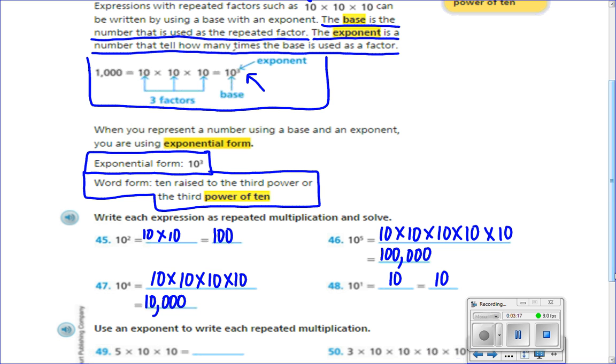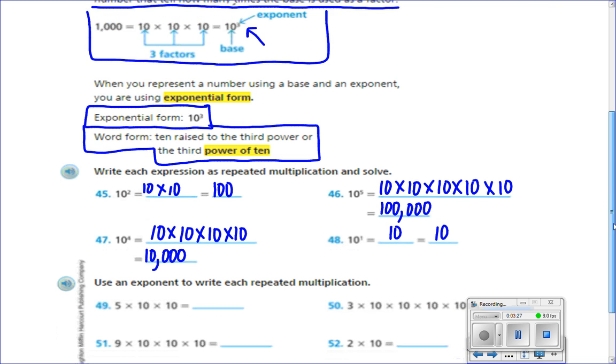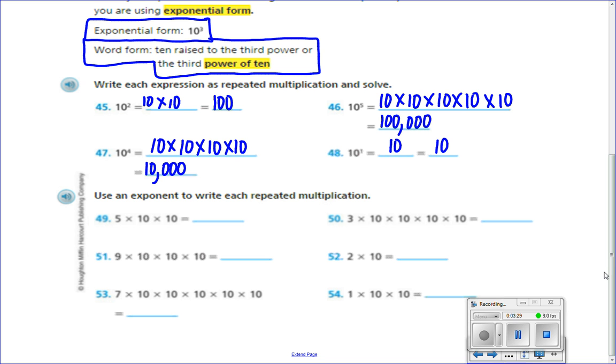So this is what exponents represent: how many times that base number is used. Tonight we're only doing powers of 10, so it makes it a little easier.